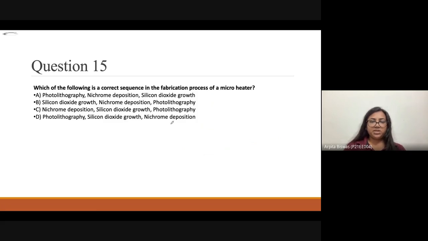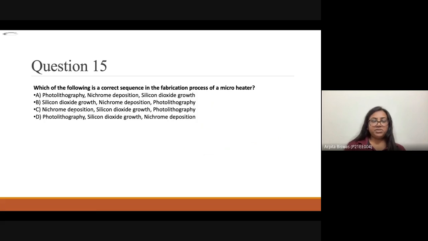Which of the following is the correct sequence in the fabrication process of a microheater? Photolithography, nichrome deposition, then silicon dioxide growth. The second option is silicon dioxide growth, nichrome deposition, then photolithography. The third option is nichrome deposition, silicon dioxide growth, and photolithography. And the fourth option is photolithography, silicon dioxide growth, then nichrome deposition.